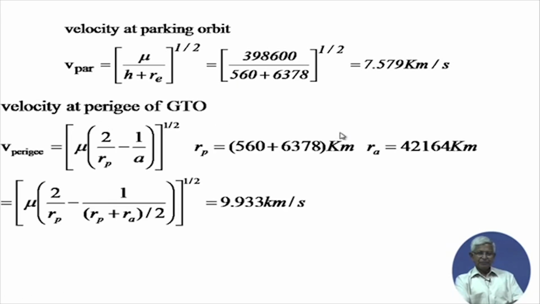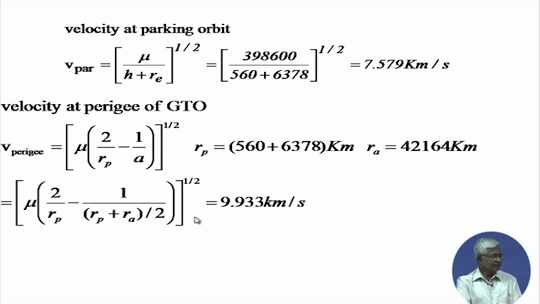Now, to create an ellipse with the perigee of GTO equal to 560 and apogee of GTO as the geostationary orbit, we fire a motor. So, the velocity at perigee of that particular elliptical orbit, you put rp here. The rp value is the same as this, and the semi major axis is (ra plus rp) by 2, where ra is the geostationary orbit.